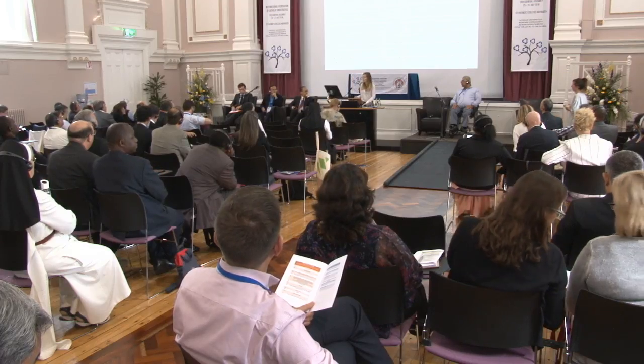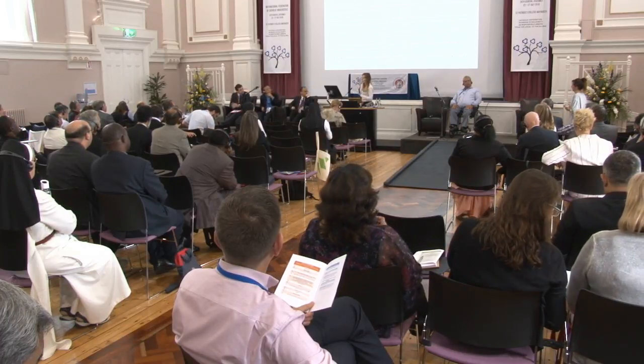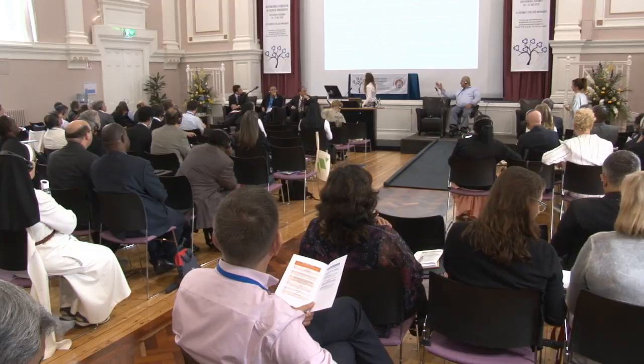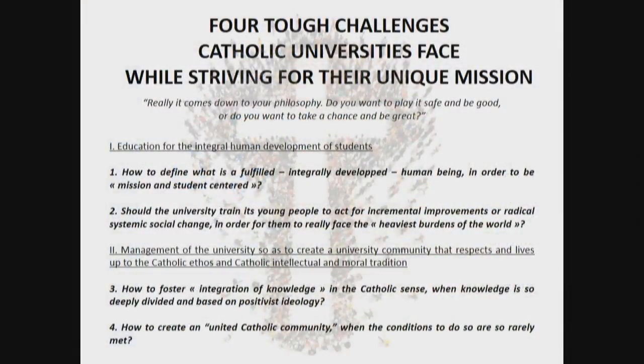So, here are the questions. As you can see, I divided them into 2 parts: one on education for the integral human development of students, and one on the management of the university, because in an integral campus, there are these 2 aspects we need to show. And for each of these themes, there are 2 tough questions. How to define what is a fulfilled human being?